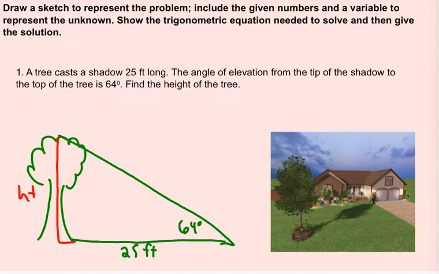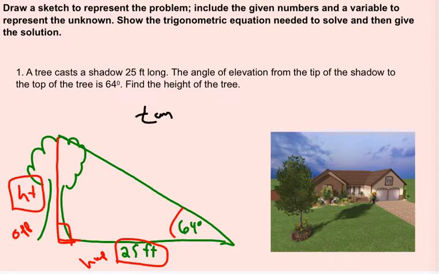Well, what you got to realize is that this is a right triangle. You're looking for the height. You've got the length from the tree, and you've got an angle. So what you've got is a trig function, except this is your opposite, this is your adjacent, and this is your angle. So opposite over adjacent, don't forget, is tangent. So I'm going to take the tangent of 64, and that's going to be equal to the height I'm looking for over 25.